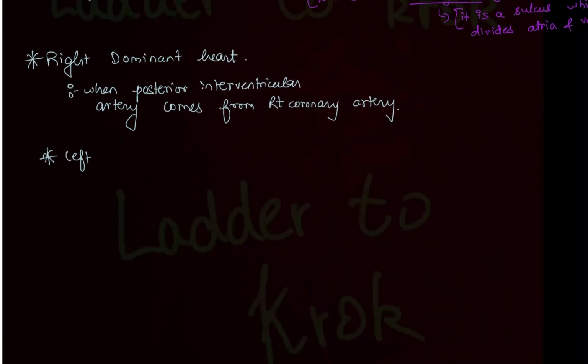So it's about the posterior interventricular artery. If it arises from the right coronary artery, we will call it right dominant heart. But if it arises from the left coronary artery, we will call it left dominant heart. Okay.